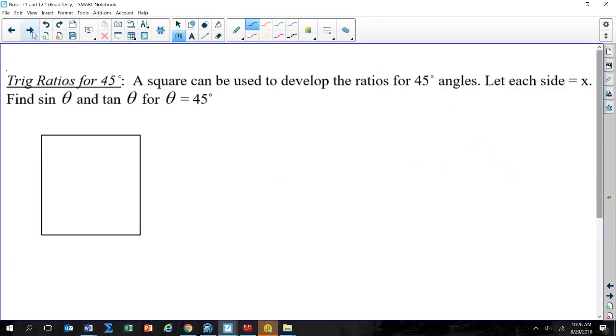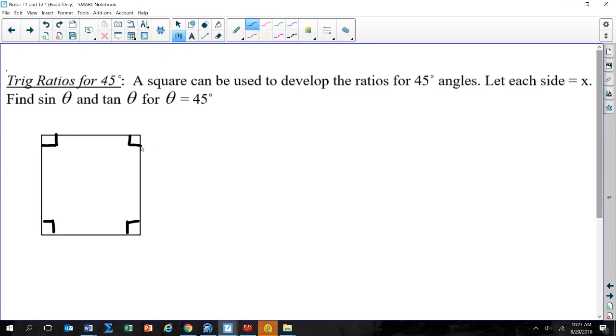Okay. Trig ratios for 45 degrees. It says a square can be used to develop the ratios for 45-degree angles. Let each side equal x. Find sine theta and tan theta when theta is 45 degrees. So first of all, I know it's a square. That's important because that means each of these angles is 90 degrees.